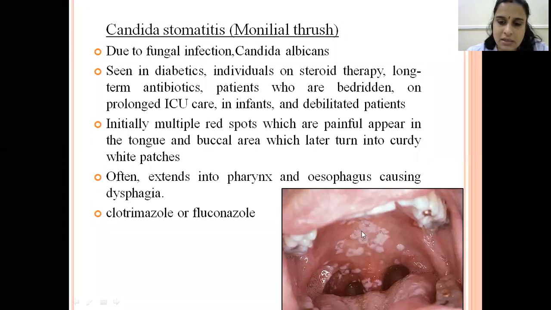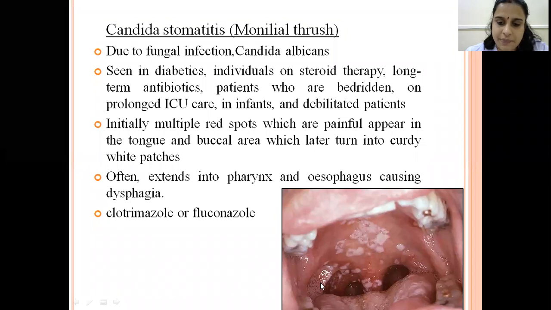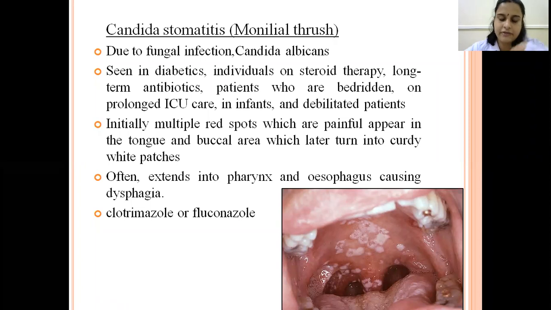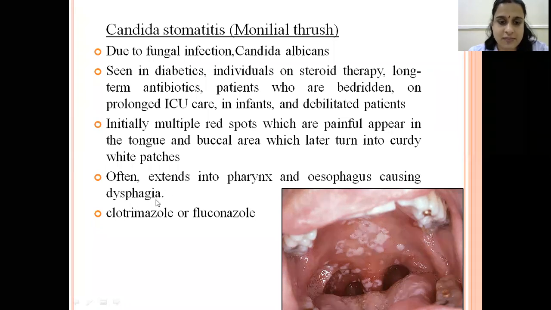See here, the soft palate, the tonsillar pillars, the tongue, the uvula, all this is involved. It is an extensive candidal infection, initially arising on the tongue and buccal mucosa, and it spreads as far as the pharynx and esophagus, causing dysphagia, difficulty in swallowing.